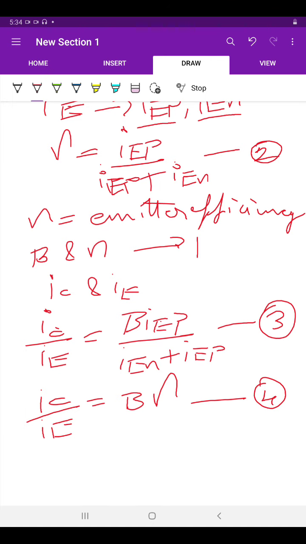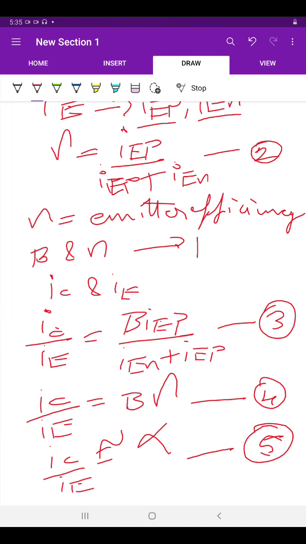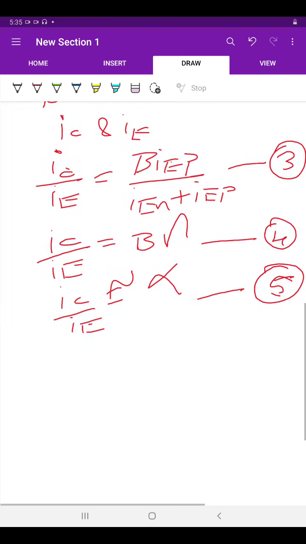B is the base transport factor and gamma is the emitter efficiency, which is almost equal to alpha. So IC by IE is almost equal to alpha. We will take this as equation 5.